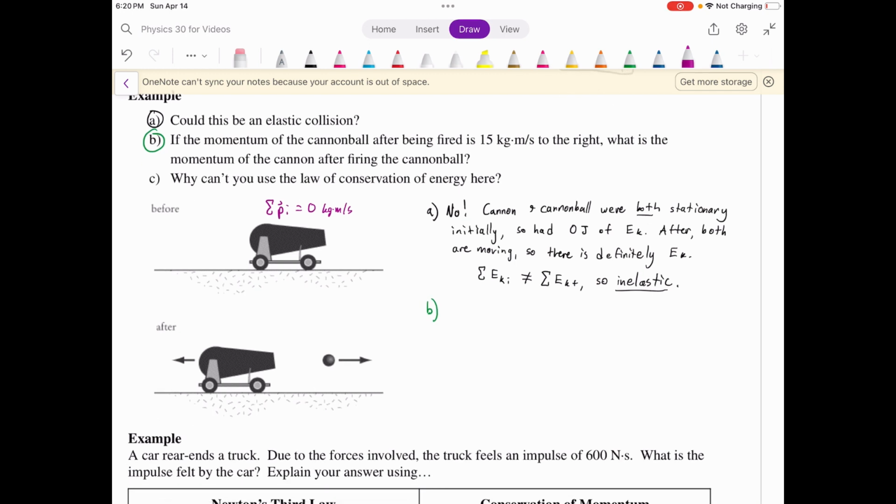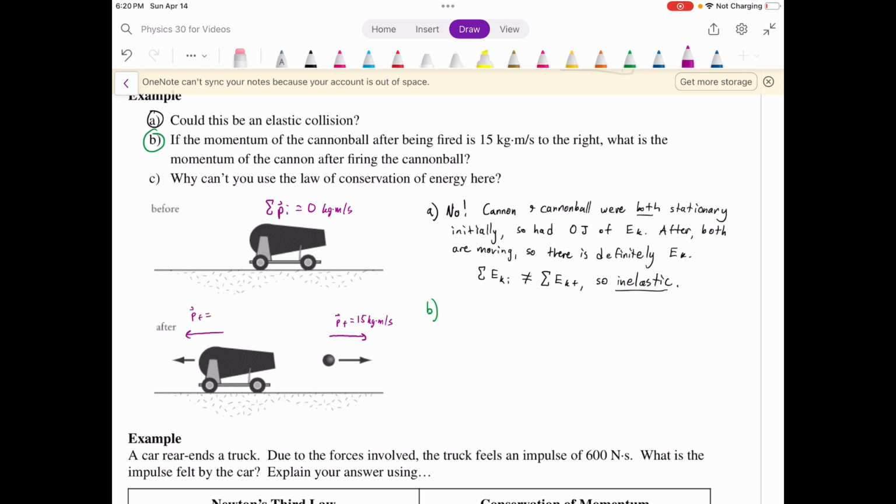So with that in mind, they're telling us that the ball has a momentum of 15 kilogram meters per second to the right. How do we keep the total at 0 kilogram meters per second? Well, the cannon must have 15 kilogram meters per second of momentum to the left.